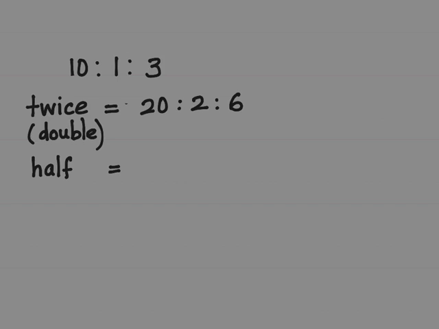Now half the amount: we have to find half the amount of the first ratio, 10:1:3. So 10 divided by 2 is 5, is to 1 divided by 2, just write it as such, 1 divided by 2, and then 3 divided by 2. 3 divided by 2 can be written as, how many 2s go in 3?